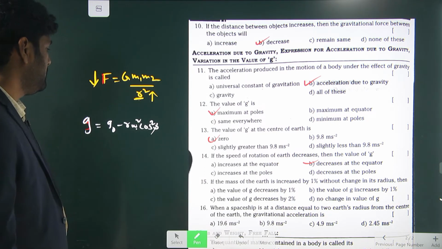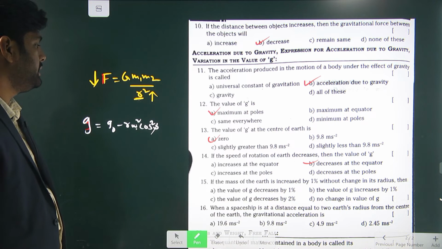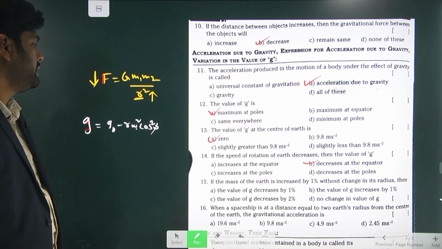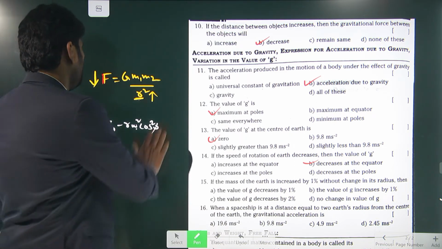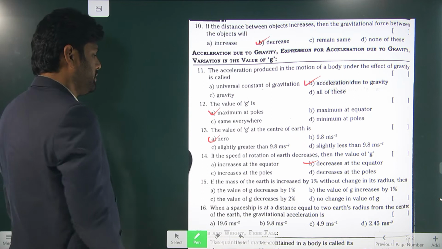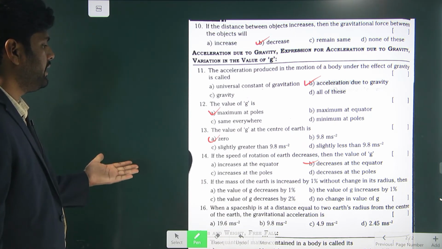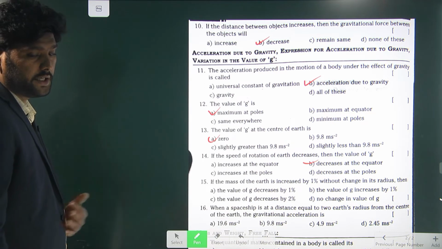Next one, if the mass of the earth is increased by 1% without changing the radius, then the value of g will be what? What is the relation between the mass of the earth and the acceleration due to gravity?